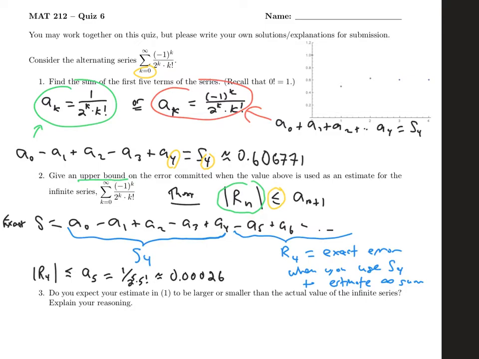So again, this is an upper bound on the error. This is the error. This is an upper bound on the error. So you shouldn't write R4 is equal to this. That's not true. But R4 is no more than this. That is true. And that's why the theorem has a less than or equal to sign. So try to keep that straight. This is the exact error, and this is the upper bound on the exact error. That's where, when you say upper bound, you're going to see an inequality sign like that. All right.